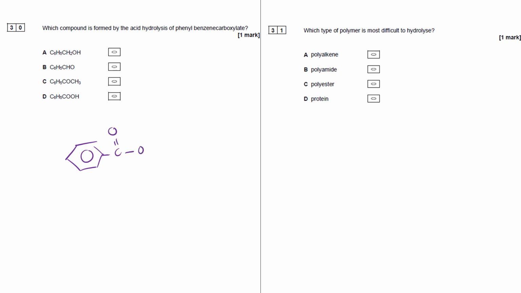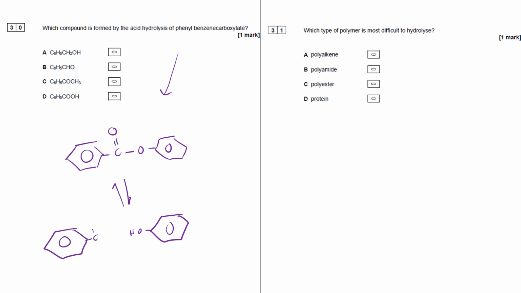It's going to be an ester made up of a benzene ring from the alcohol and a benzene ring with a carboxylic acid group from the carboxylic acid. So if we were to acid hydrolyze that, you're going to make the alcohol, which would be phenol, and the carboxylic acid, which would be benzene carboxylic acid, or benzoic acid for short.